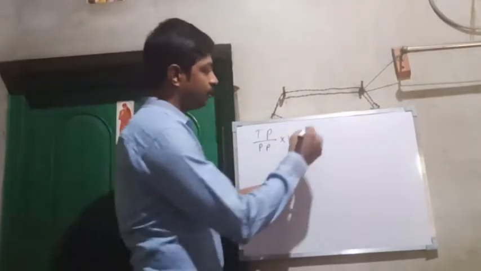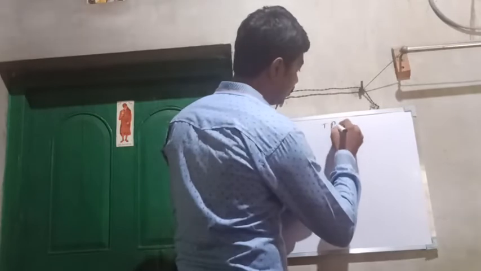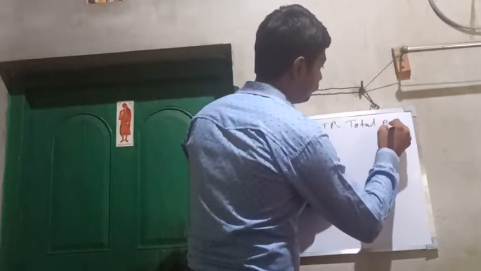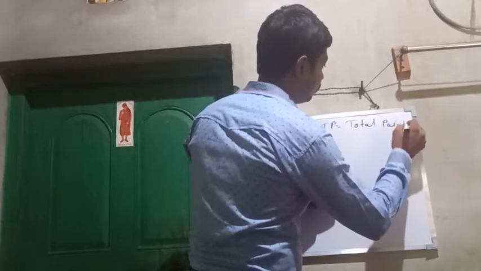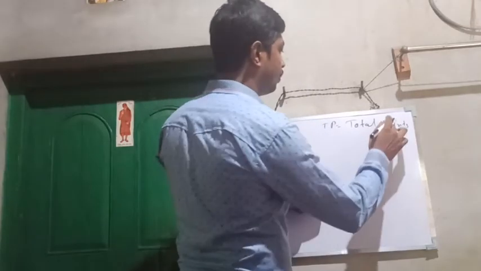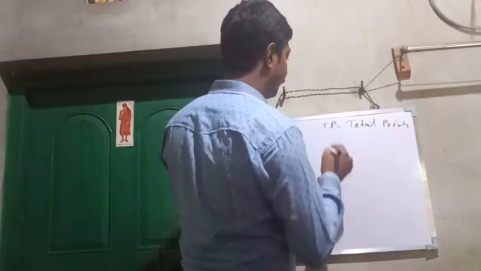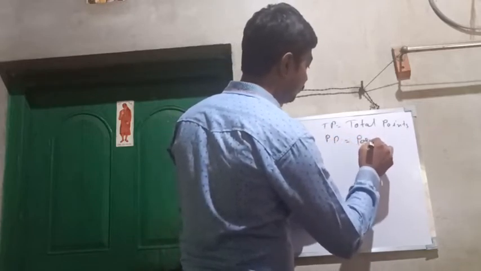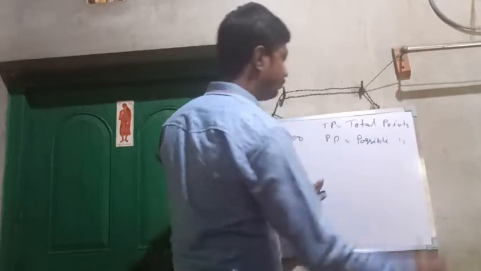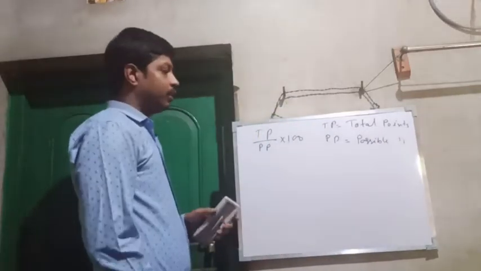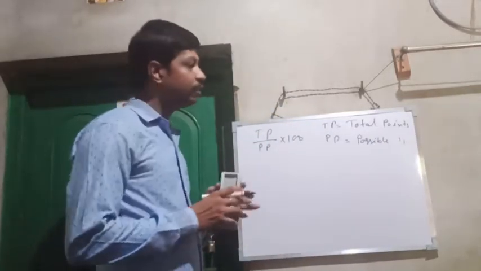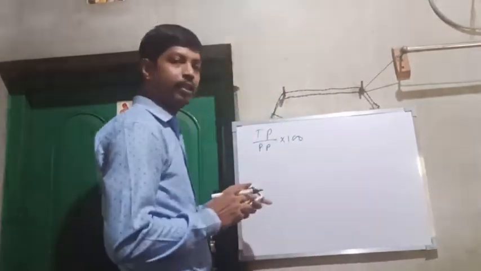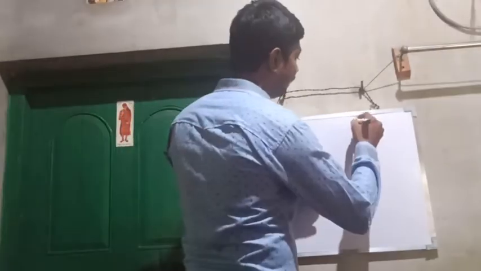TP means total points, and PP means possible points, into 100.